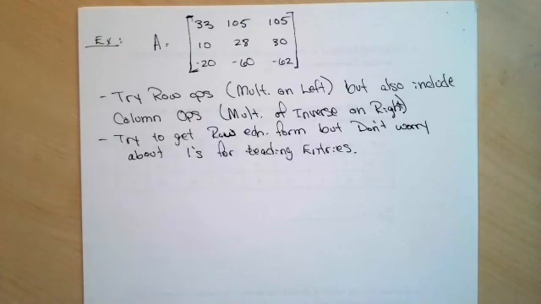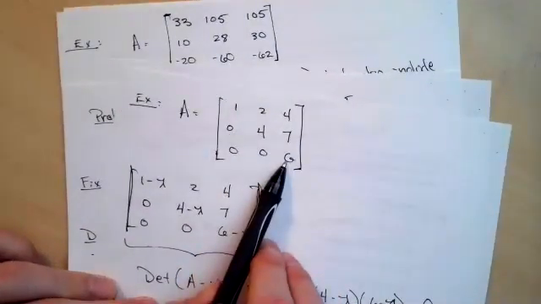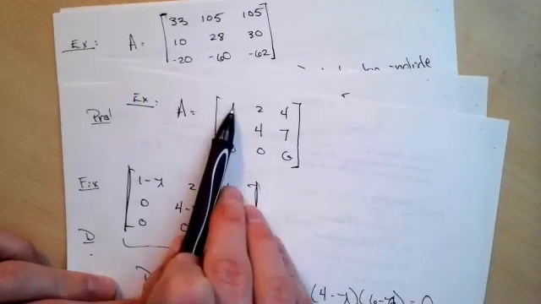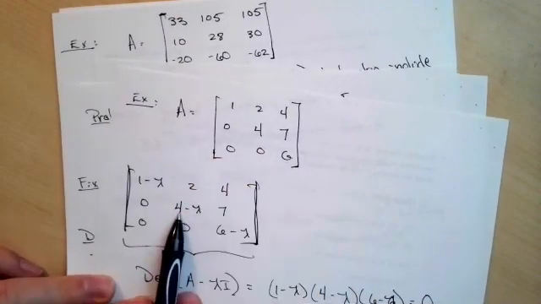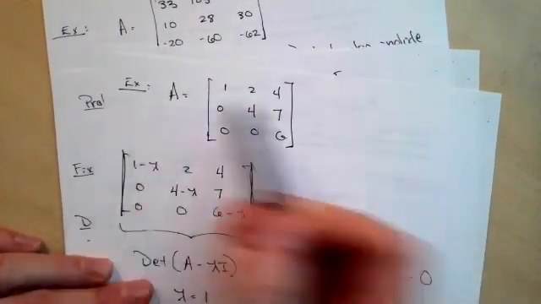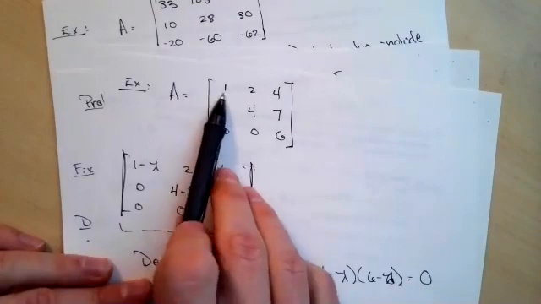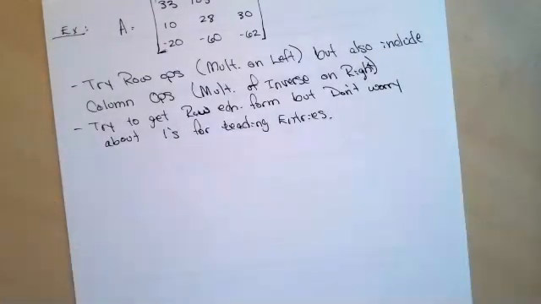And so even if the entries aren't one, like from our example on Friday, we still know that each diagonal entry is going to give us an eigenvalue. So we should expect different eigenvalues that aren't one. So we don't necessarily want ones in there, but maybe it'll be nice enough to shrink the numbers as much as possible, right?